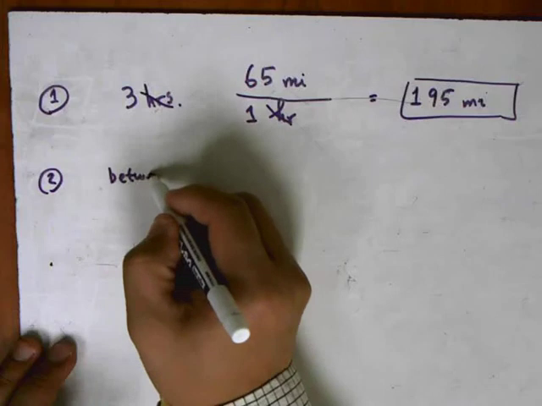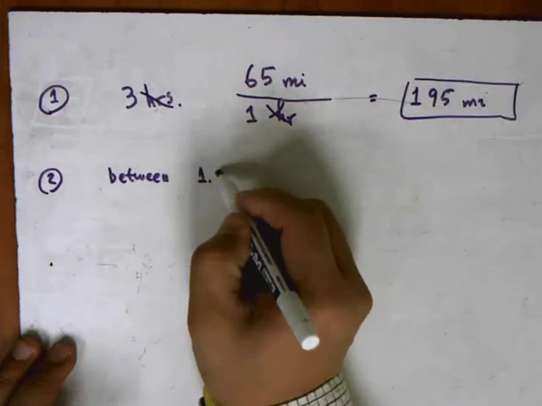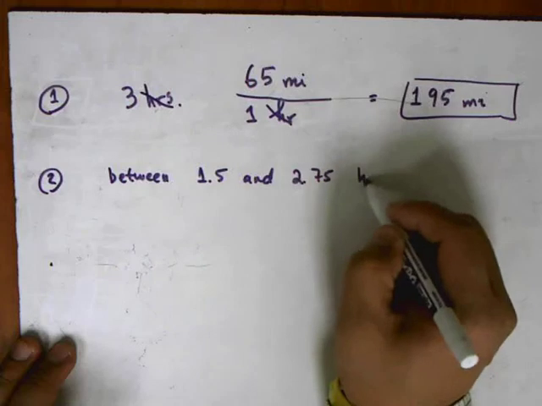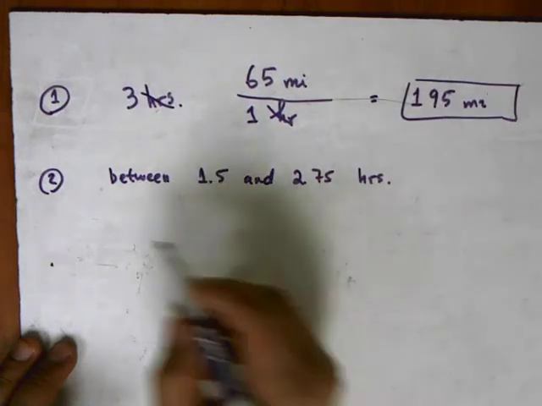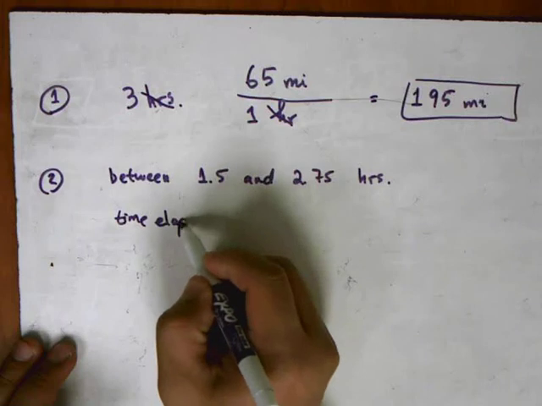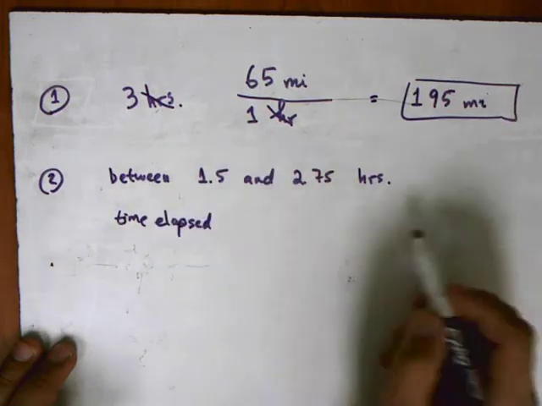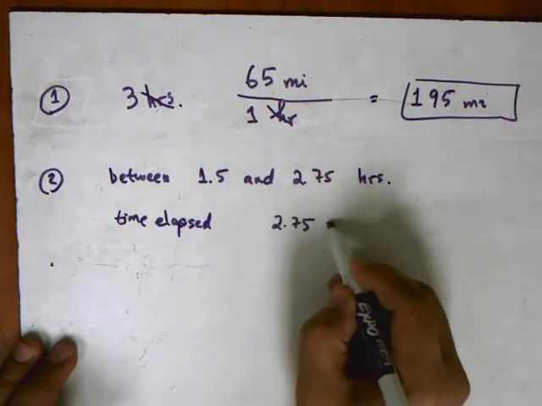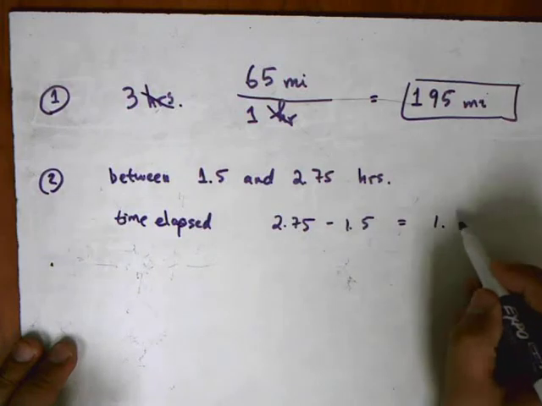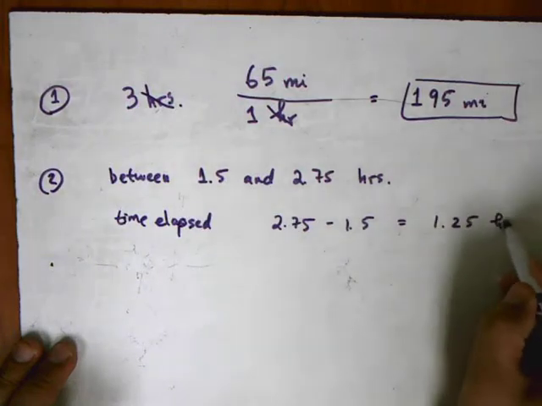Number two, how far did it travel between 1.5 and 2.75 hours? So the time elapsed, in other words, how much time went by, is 2.75 minus 1.5, which is 1.25 hours.